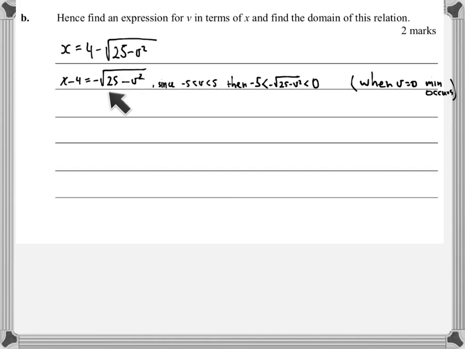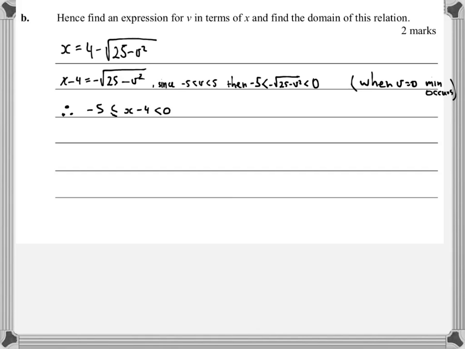So if the right-hand side has a range of -5 to 0, then because it's equivalent to the left-hand side, that means x minus 4 also has that range of -5 to 0. Okay? So, some important things to think about there.